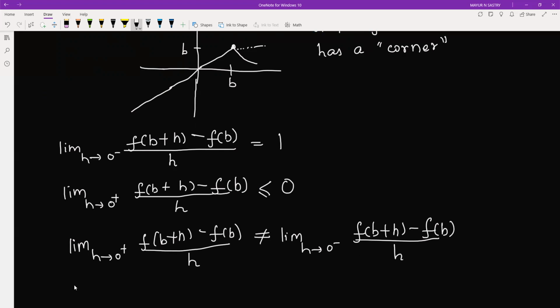This is the same as saying that the left hand limit and the right hand limit are not equal. So the limit as h goes to 0 of (f of b plus h minus f of b) by h, which is f prime b, doesn't exist. This shows that f prime b doesn't exist.